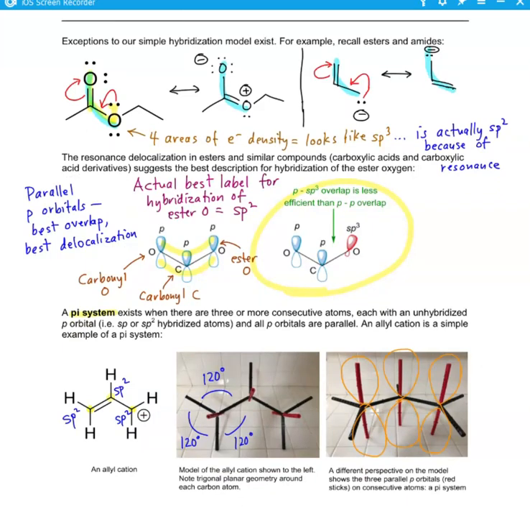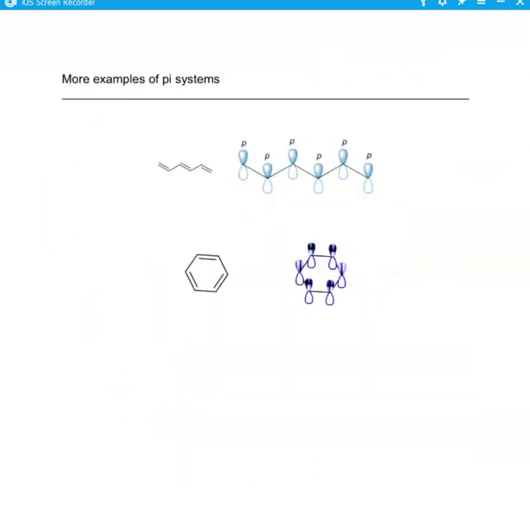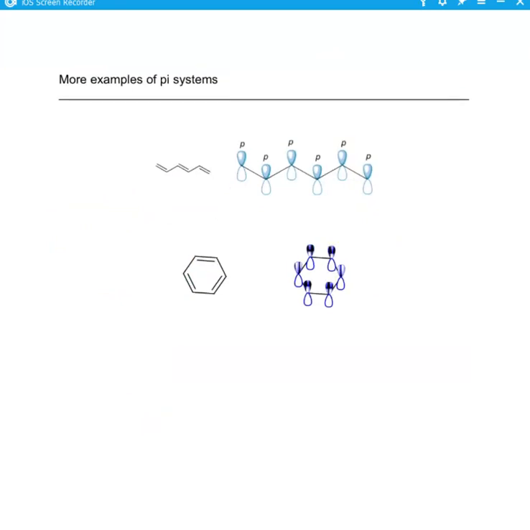Okay, so anytime you have a lone pair next to a double bond, that's going to be the case. So let's look at the next page. These are just a couple of examples of pi systems. One of them turned out looking a little better than the other one, which is kind of strange looking, but there are p orbitals, one on each of the atoms.